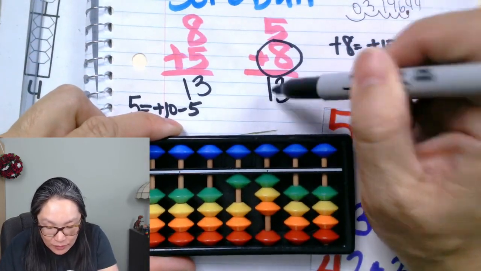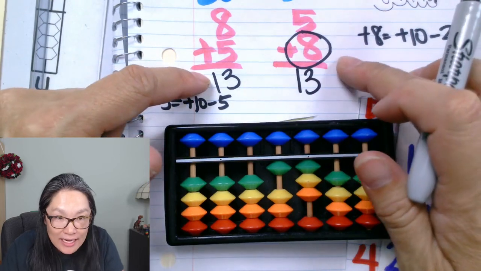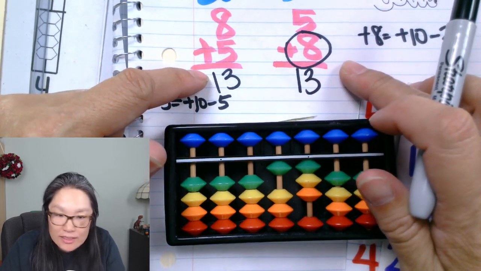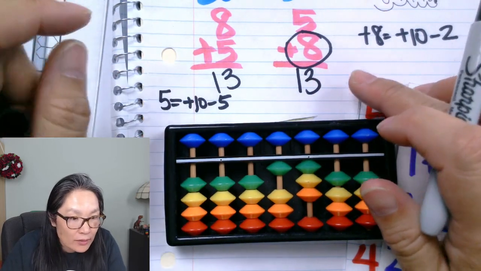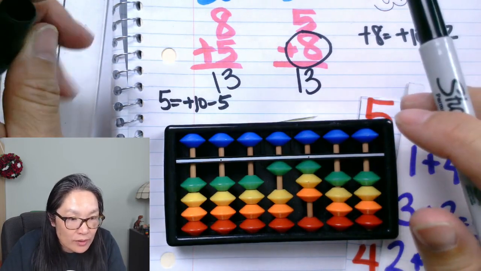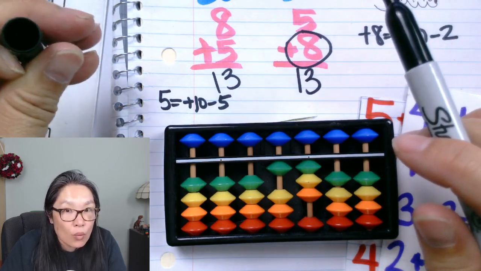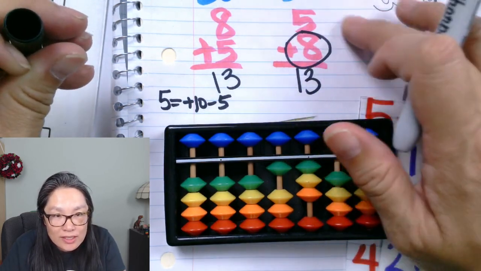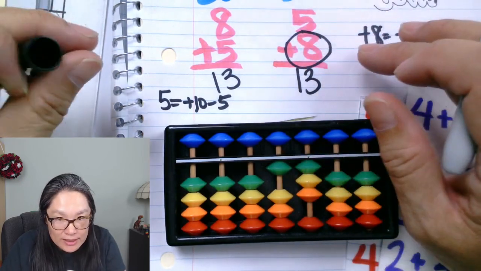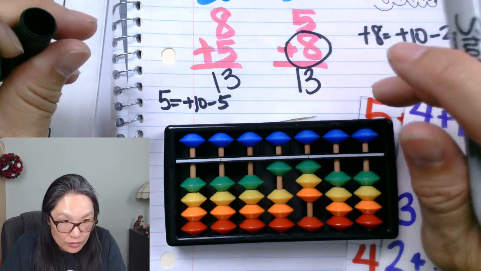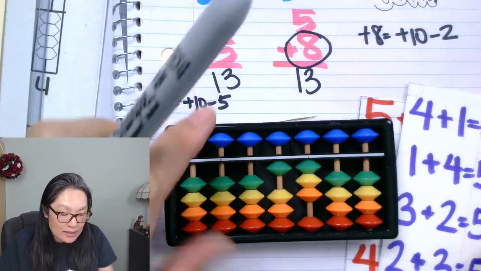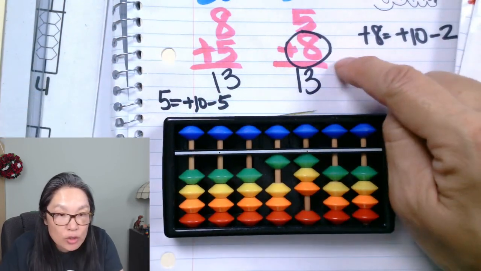So the answer is the same, but how you get there is different. We're all very different in how we get it. It is not difficult, actually. It's a different way. This is going to be very common in other places. This is just an example. This is what we call a two-step equation.